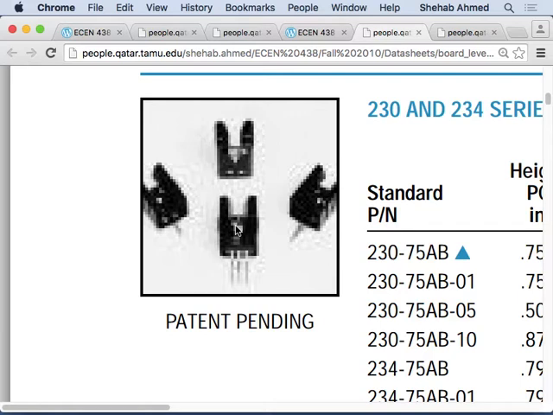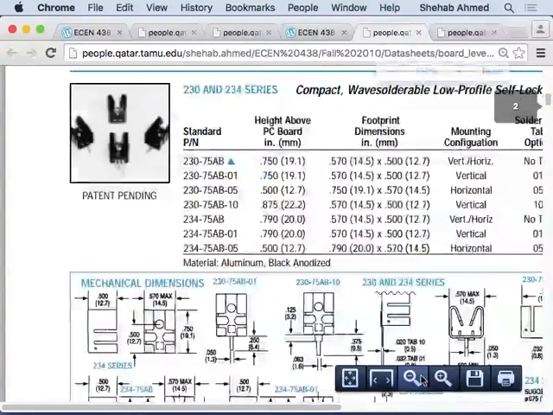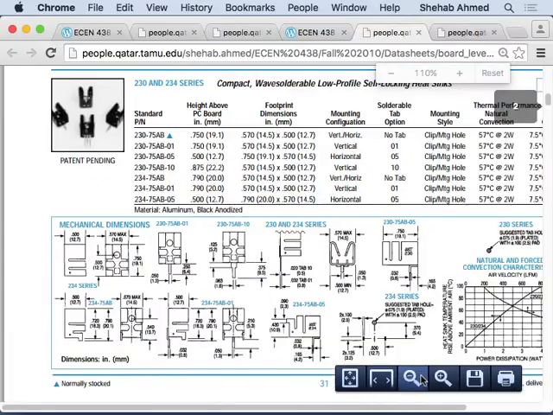It will increase the surface area, hence reduce the case to sink to ambient thermal resistance, right? But of course, it's not a big finned heatsink, or a cooling system, right?